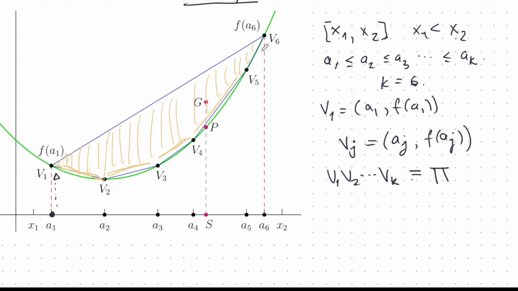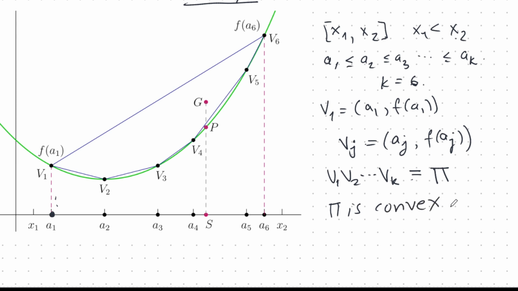This one is not so clear because the straight line is very close to the curve f, but it's right. It's there. This is a polygon. And not only is it a polygon, but pi is convex. Why is pi convex? Because f is convex. I'm taking sides constructed along this convex curve, so of course it's a convex polygon.